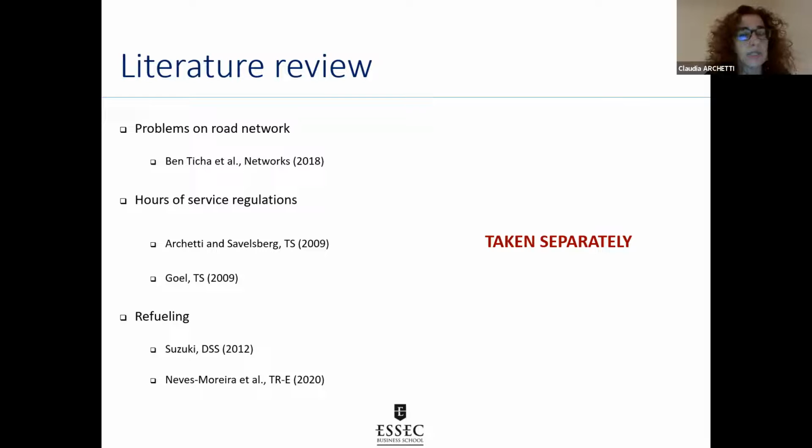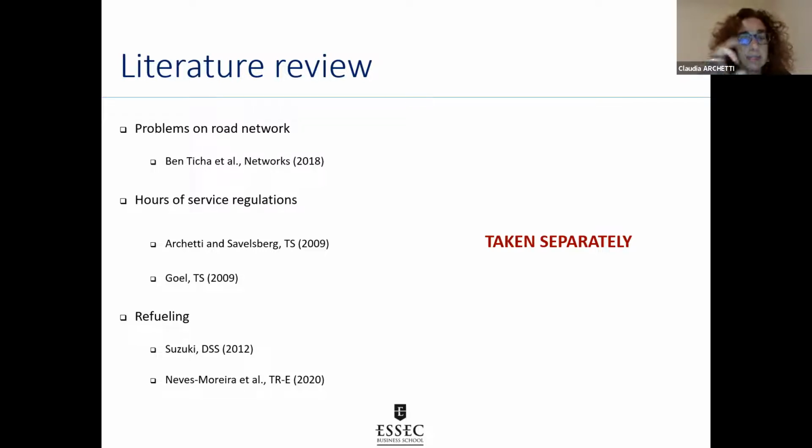The two papers I'm citing here are the first ones dealing with hours of service regulation. The first one deals with US regulations, and the second with Australian regulations. But after these two papers, there have been quite a few others dealing with the problem of building routes for road transportation that are compliant with hours of service regulation.